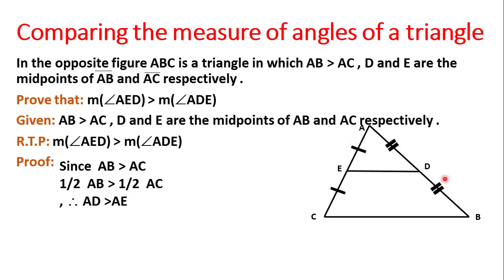Half AB is AD and half AC is AE. So the measure of angle AED, which is opposite to the side AD, is greater than the measure of angle ADE, which is opposite to the side AE, because the greater angle is opposite to the greater side.